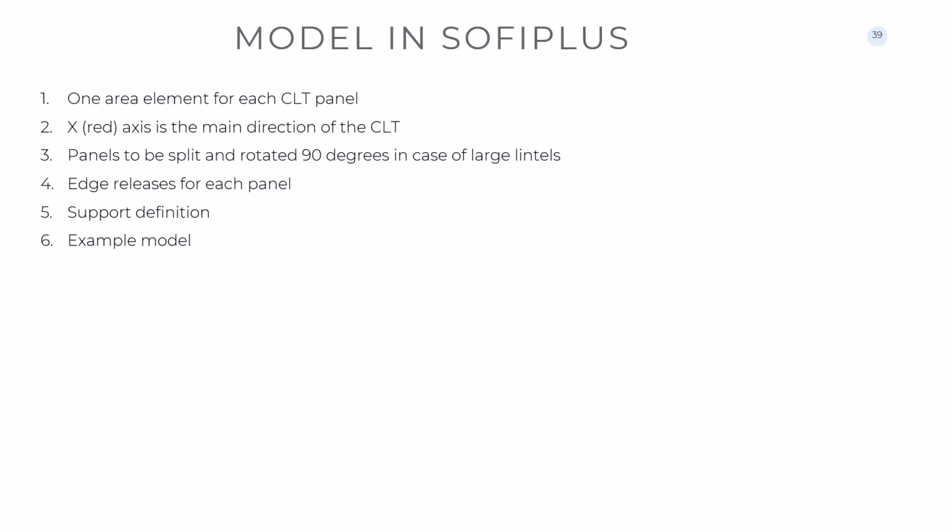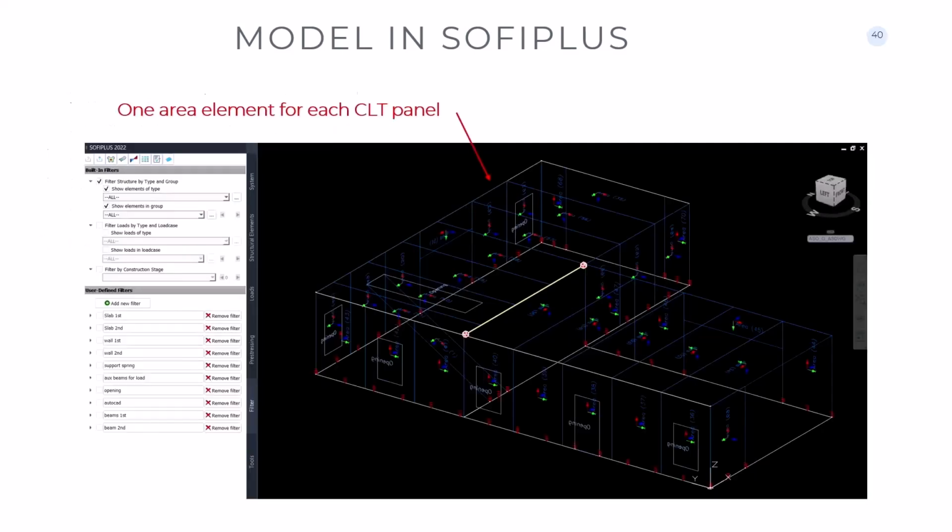Now, before showing you how we have applied this to a small example, I want to talk, because we were invited by SOFiSTiK, about some good features we have found in SOFiSTiK that have sped up our routine. So let's talk very briefly. First, SOFiSTiK has this area element.